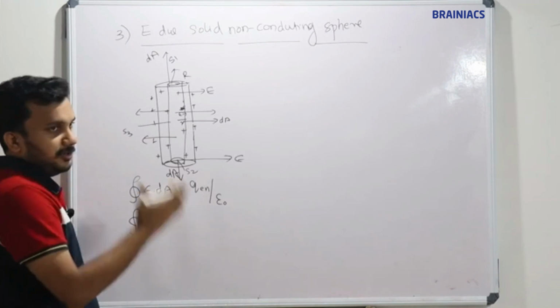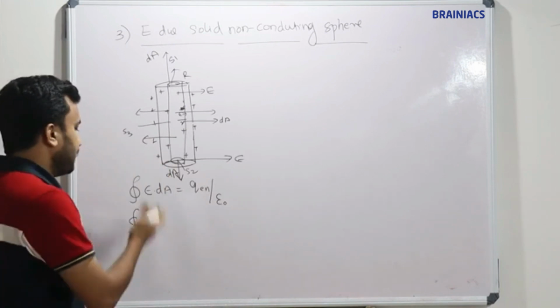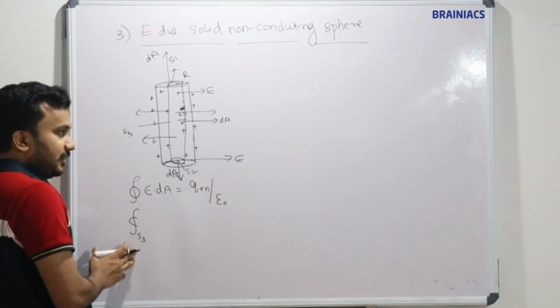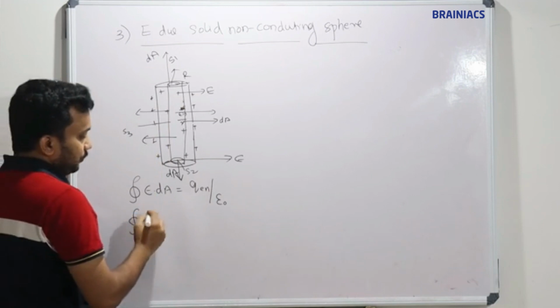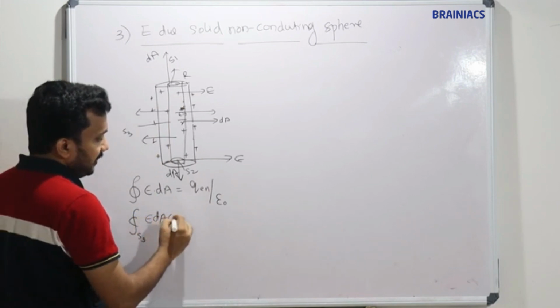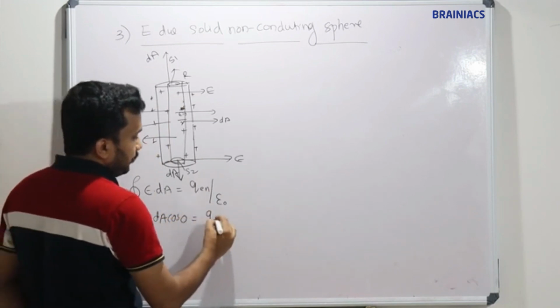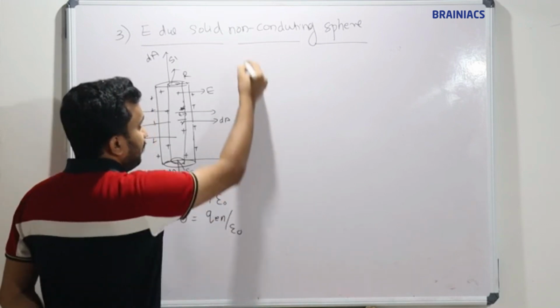As a continuation of what we learned in the last class, only the integral over S3 remains, because S1 and S2 are gone. So what do we have? E into dA of cos 0 equals Q enclosed divided by epsilon 0.